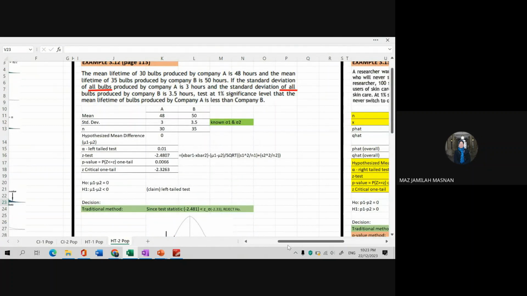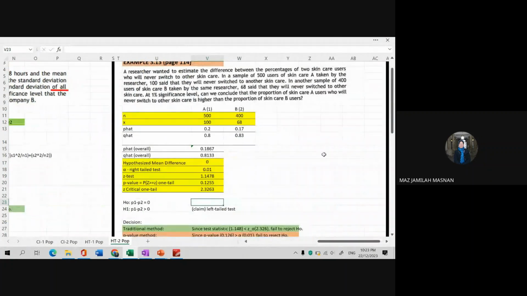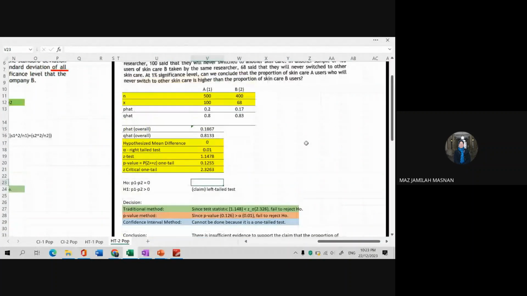Okay, so let's continue the last question before we stop. From this n and x, we can find our p hat, our q hat. The same goes to Skin Cabby, find the p hat and q hat.